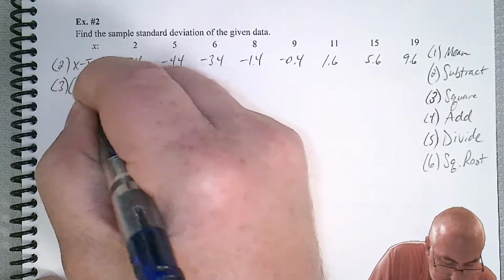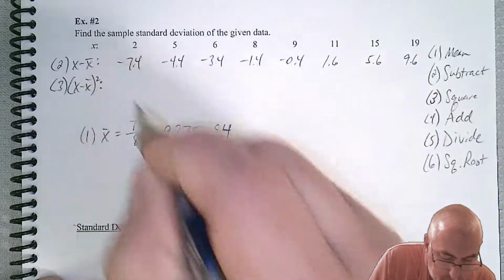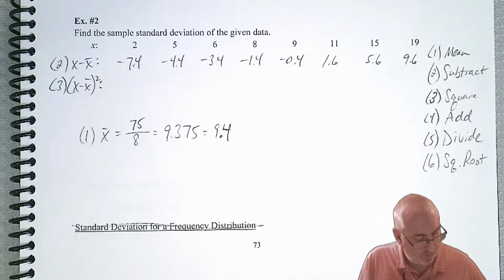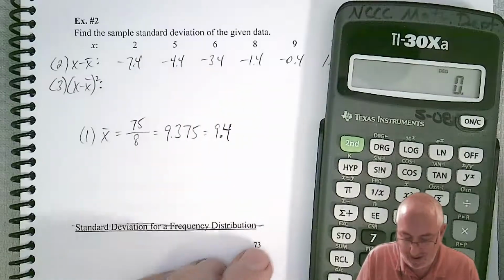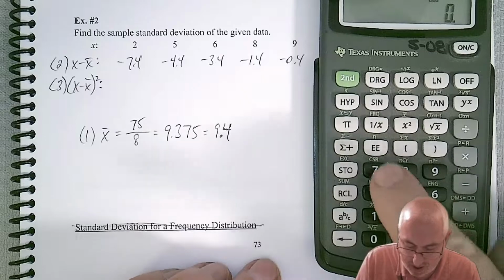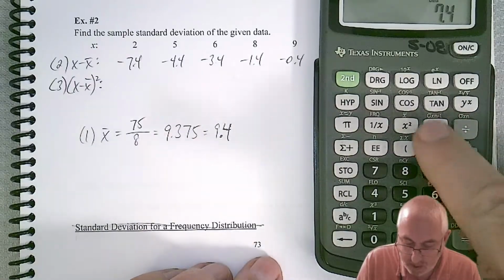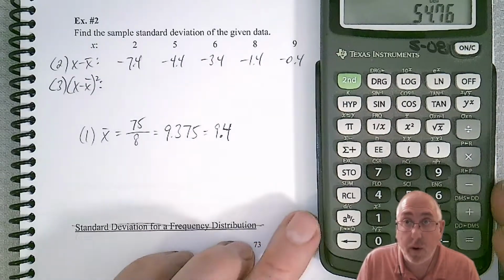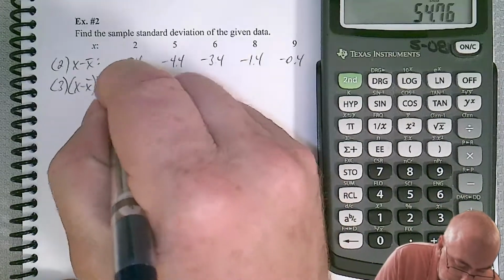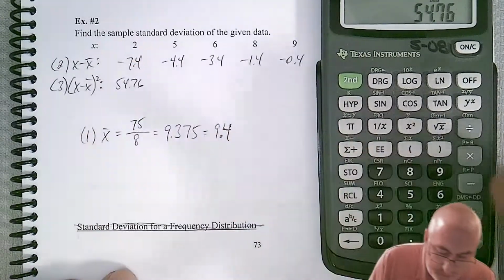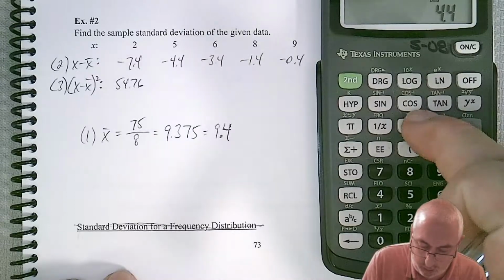So x minus x bar, squared. Because I don't want to mess this up, let's make sure we do it right. 7.4 squared is 54.76. 4.4 squared is 19.36.